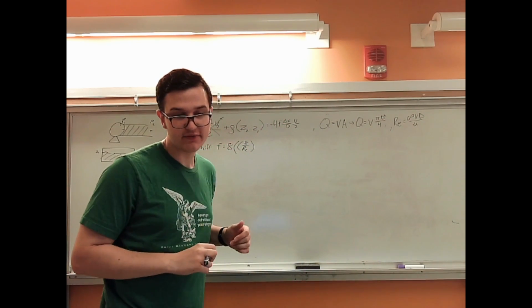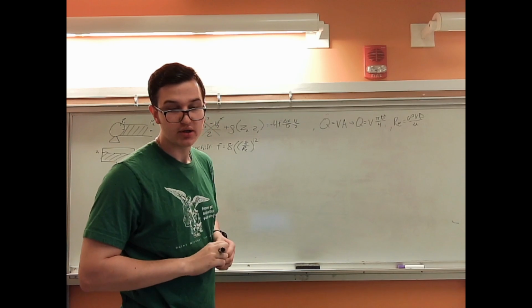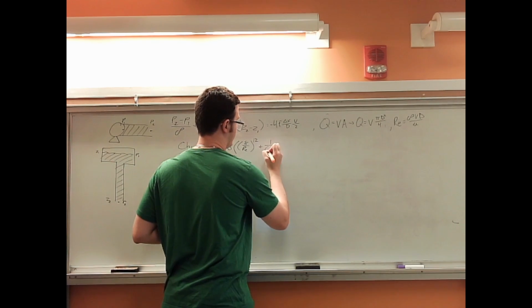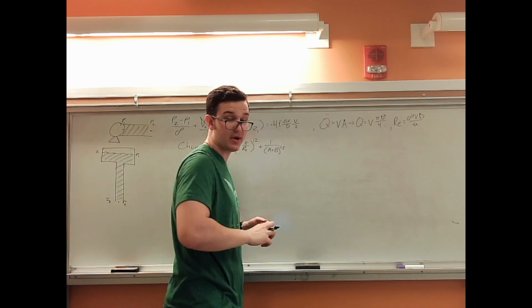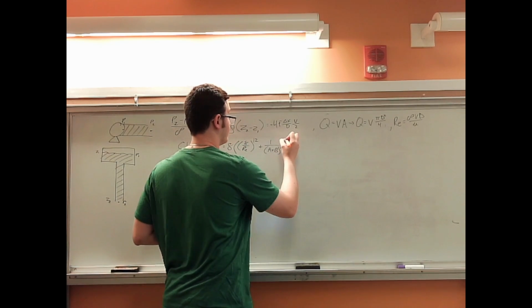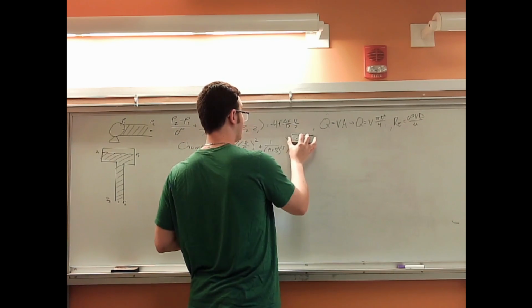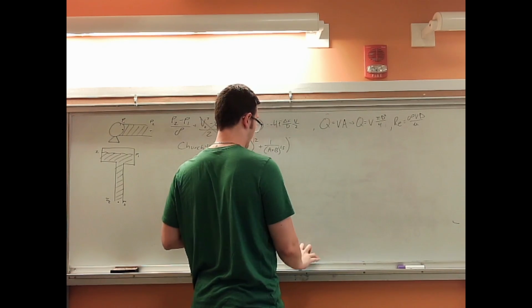Okay, 8 divided by the Reynolds number, to the power of 12, plus 1 over A plus B to the power of 1.5, all of that to the power of negative 12. Or actually, no, 1 over 12.